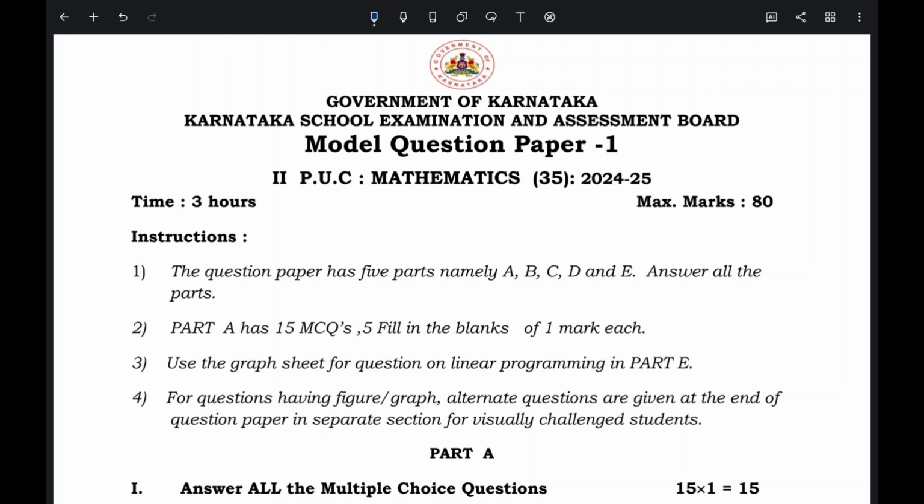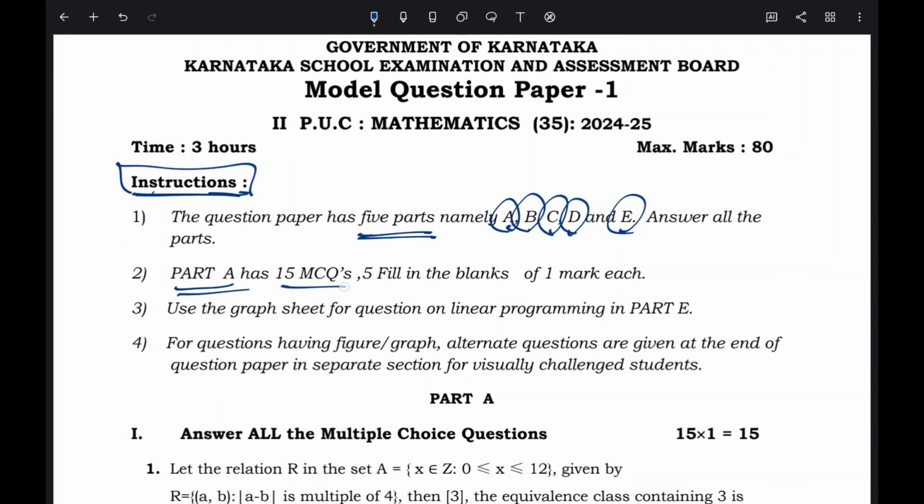So first and foremost, whenever you encounter the question paper, there is an instruction here which you should be aware of. In this question paper, you have 5 parts, namely part A, B, C, D and E. So you have to answer correspondingly with respect to each part. Part A has 15 multiple choice questions and 5 fill in the blanks of 1 mark each.